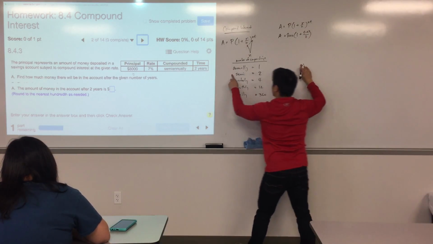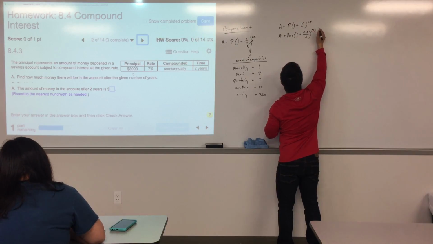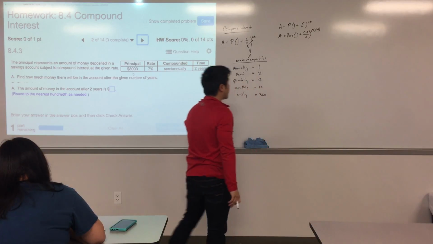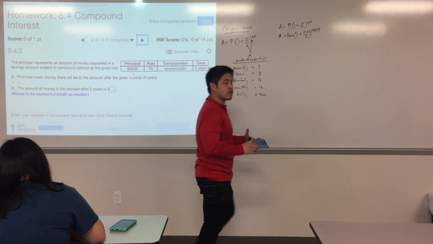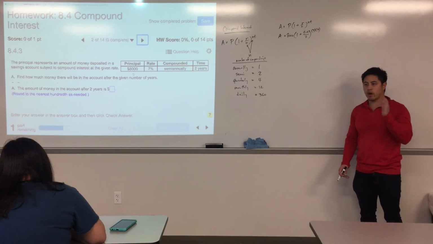Compounded semi-annually, twice a year) to the power of another 2, it's in 2 places, times 4. Okay? So that's your setup. Make sure you understand initially where to place things.